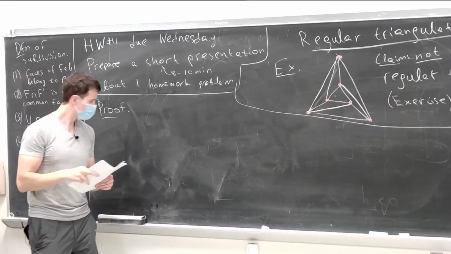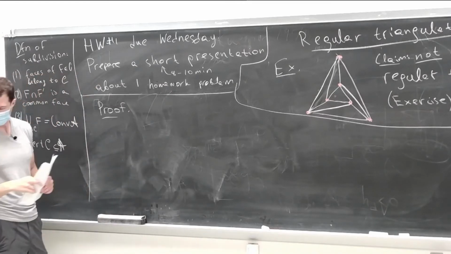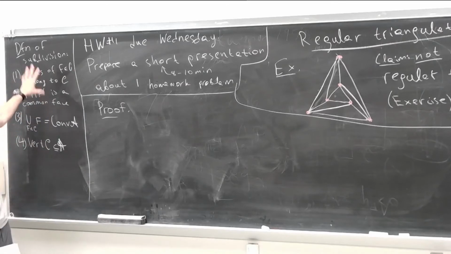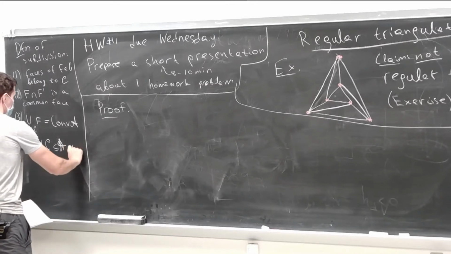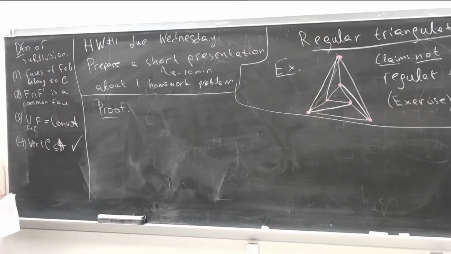All right, so which of these is easy? Which of these we know immediately? Four. Oh, interesting. We know 4 immediately. Why is that?